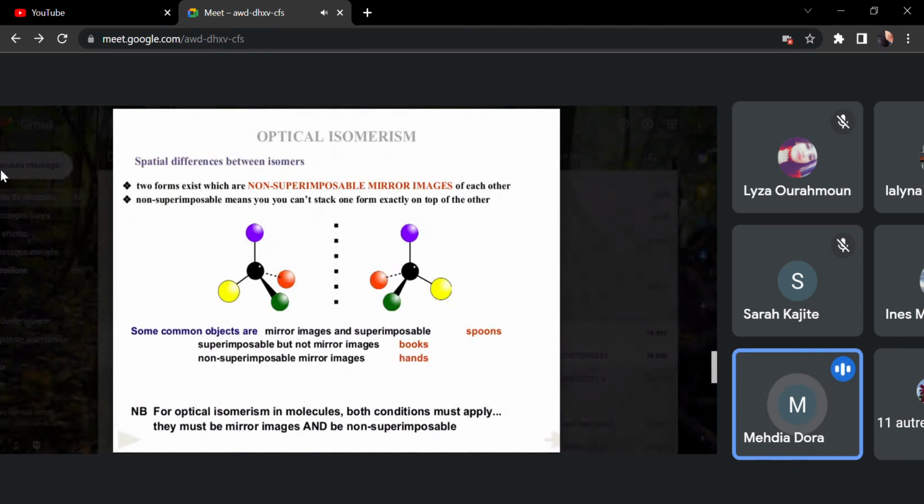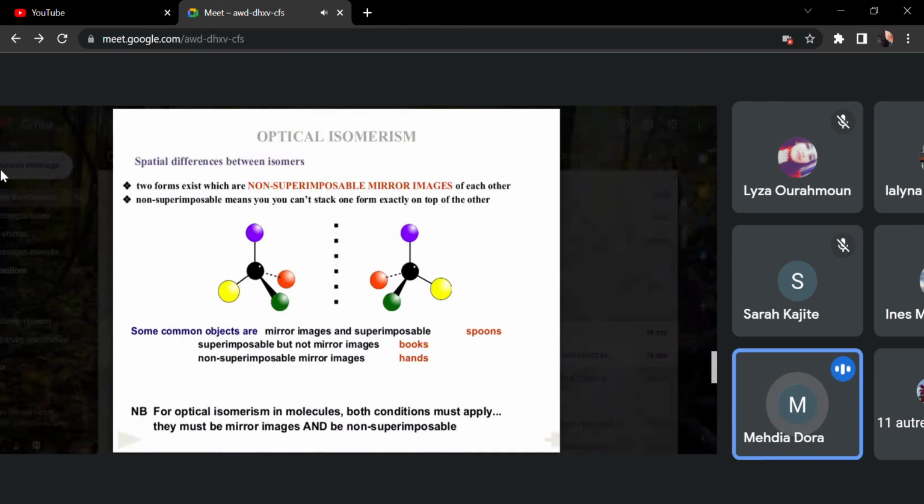When we take a spoon, you know that it's a spoon. When you put it in front of the mirror, its image and the spoon are superimposable. We have books. When you put the book in front of the mirror, it is superimposable with its mirror image.